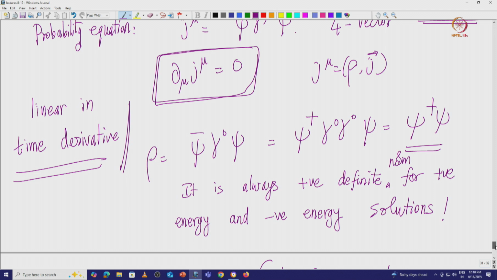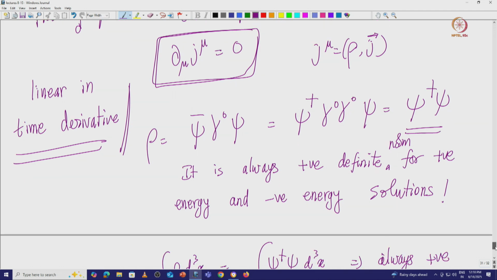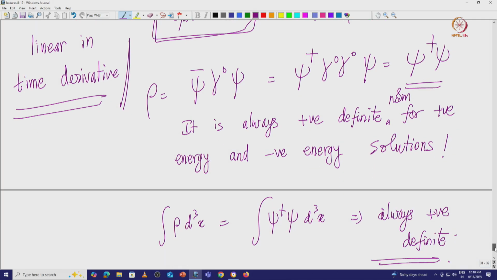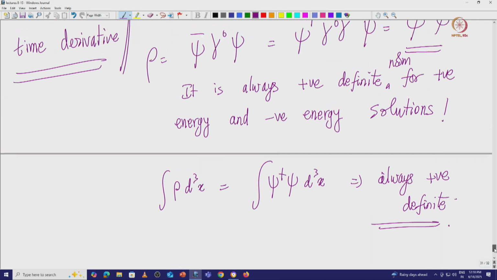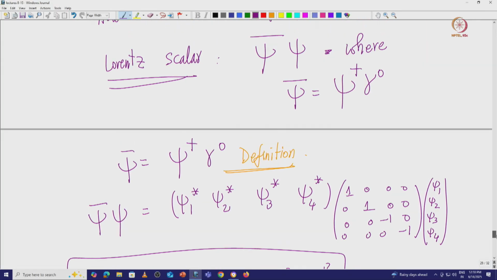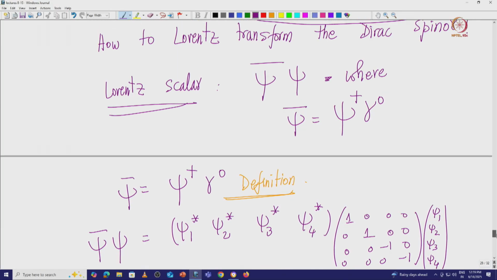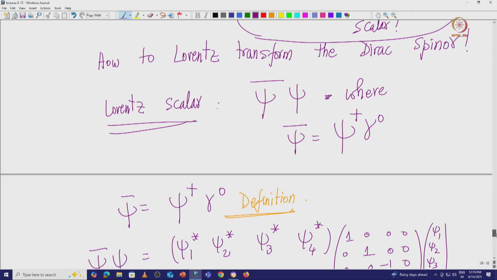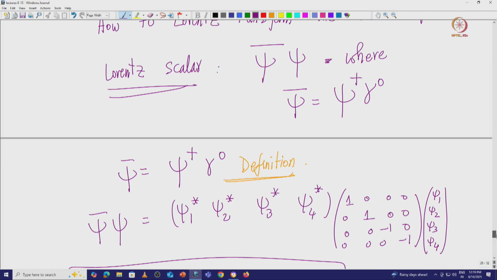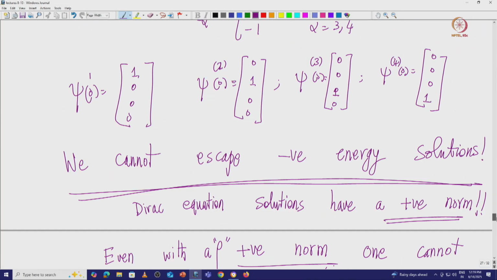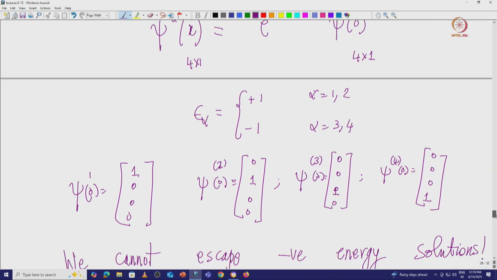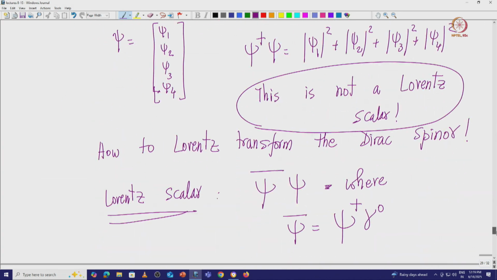It makes sure that both negative energy solutions and positive energy solutions will always have positive norm, but there is no way of escaping negative energy solutions from the Dirac equation.